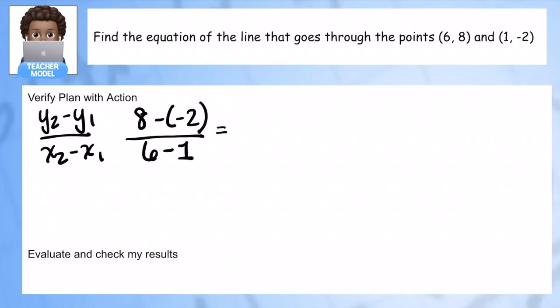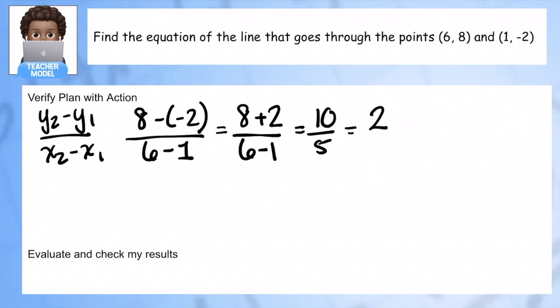So let's use this so we can identify the m in our equation. 8 plus 2 over 6 minus 1. All I did was distribute our negative sign, and we're getting 10 over 5, which means our slope is equal to 2. So we actually have our m in this case.